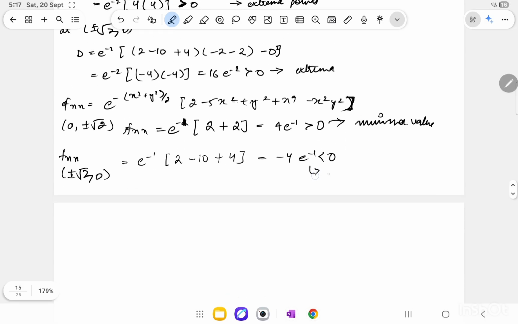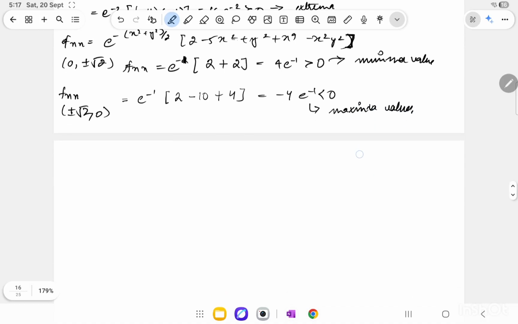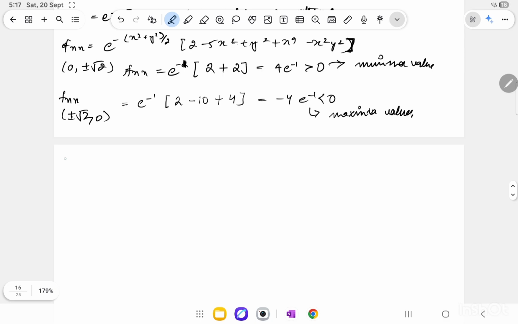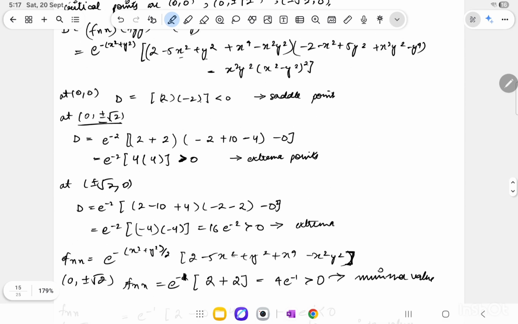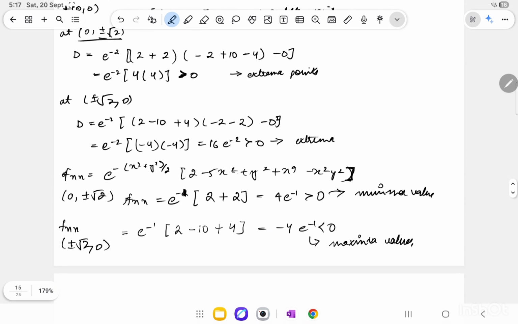So here the function will attain maxima value. So we got one saddle point, that is 0, 0, and there are two maxima points, that is plus minus root 2, 0, and two minima points, that is 0, plus minus root 2.